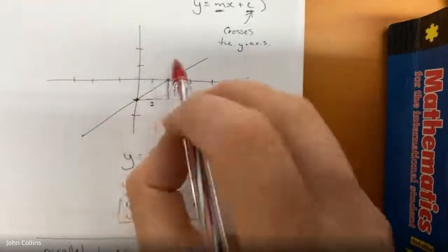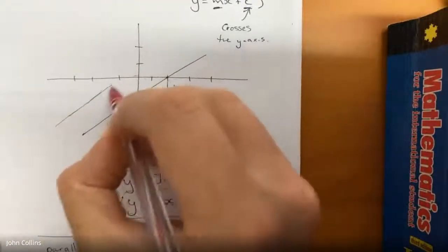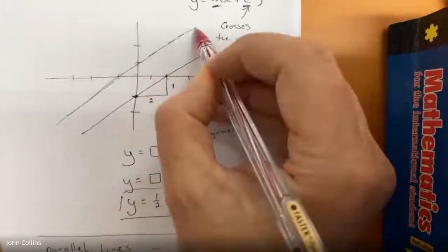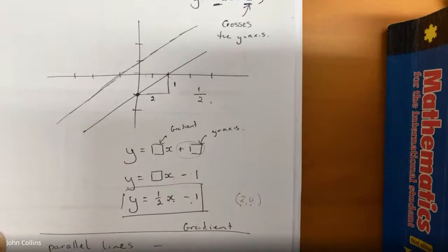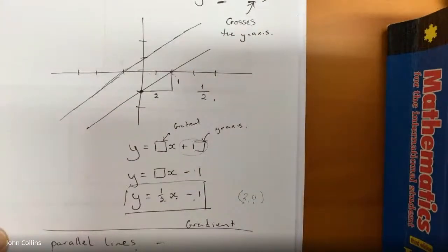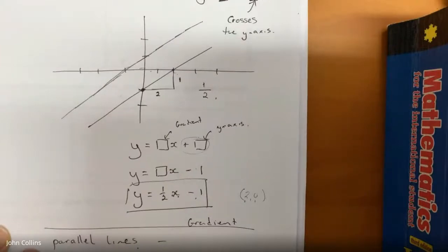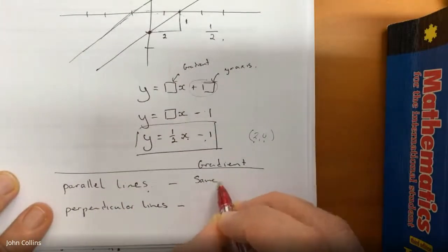So what would be the gradient of that line? If I just drew a sketch of that, a line that never meets it would have to go alongside it, going the same way. It would have to have the exact same slope, an exact same gradient. Otherwise, if it was any way off tilt, it would eventually meet up with that line and cross it at some stage. So parallel lines can never meet. So parallel lines must have the same gradient.